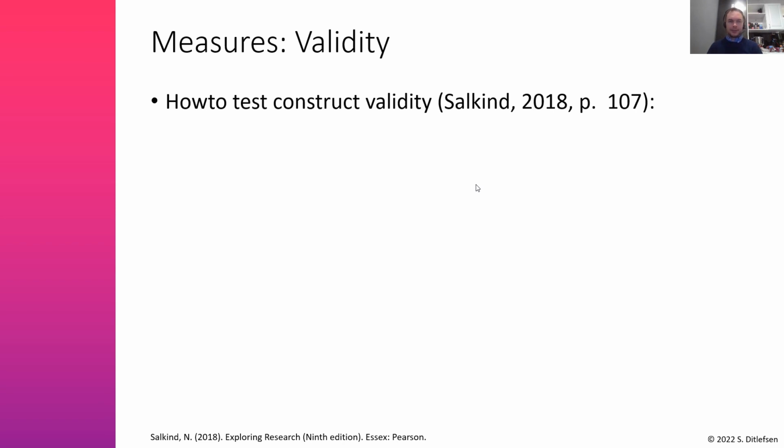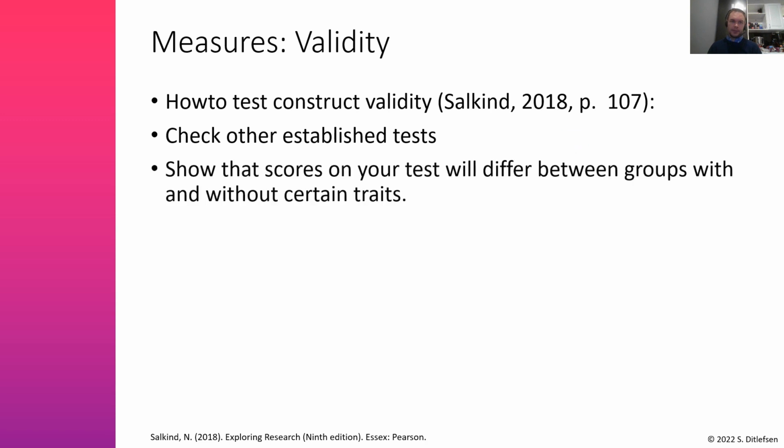So let's look at how to test construct validity. We need to check other established tests. We need to show that scores on your test will differ between groups with and without certain traits.